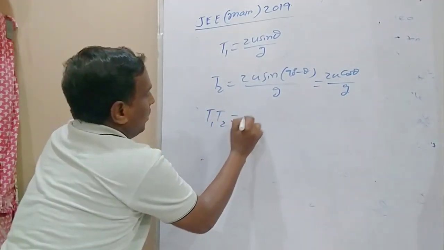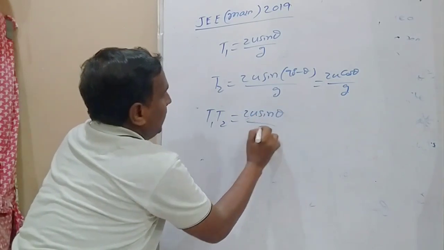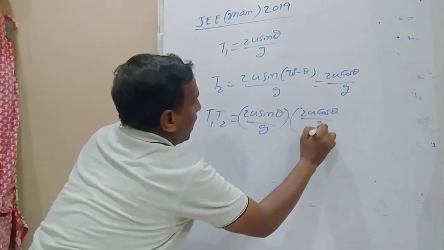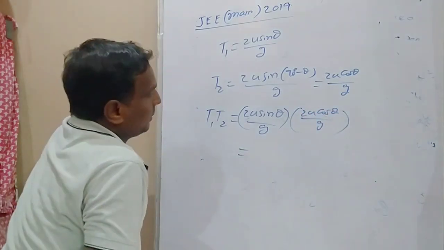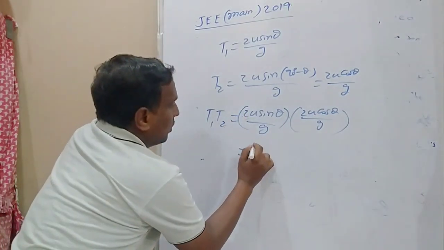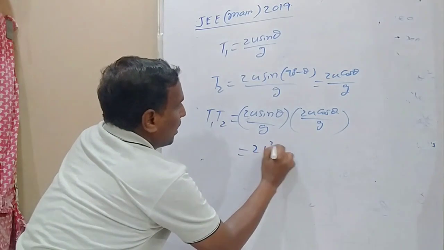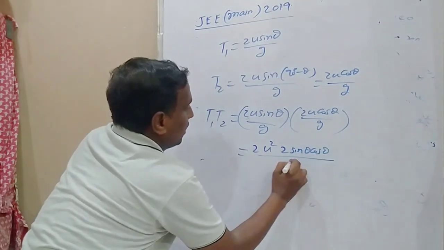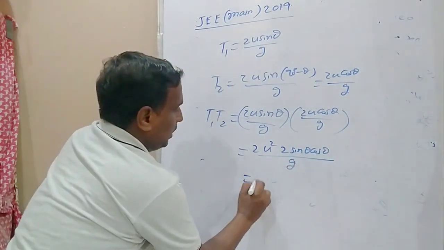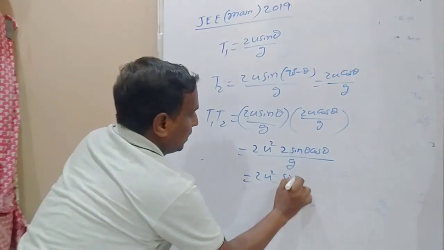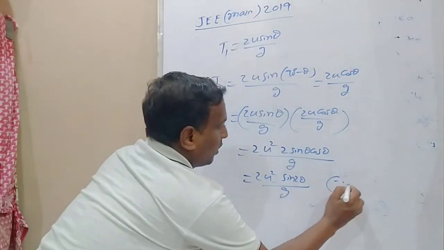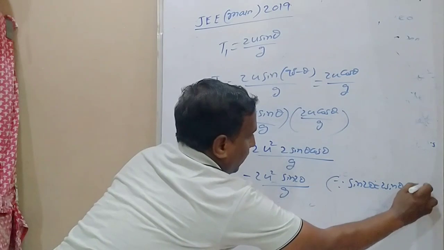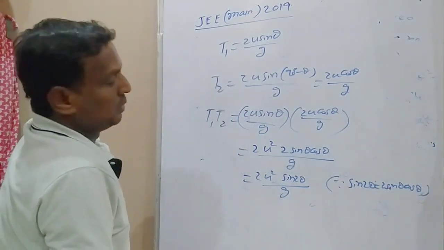T1 into T2 equal to 2u sin theta by g into 2u cos theta by g. So we can write 2u into u squared, and one more 2 sin theta cos theta by g. This is nothing but sin 2 theta by g, since sin 2 theta equal to 2 sin theta cos theta. Okay, this is well known to you.